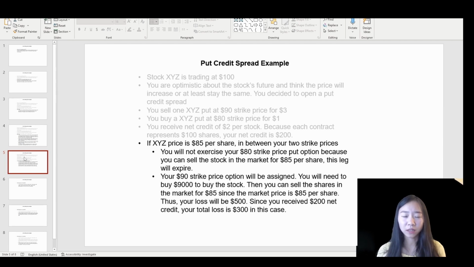Because the current market price is $85. You can sell in the market for $85 per share, and your loss will be $500. But since you also received the $200 net credit, your total loss is $300 in this case. Long an option means buy the option. Short means sell. So remember, long is buy, short is sell.